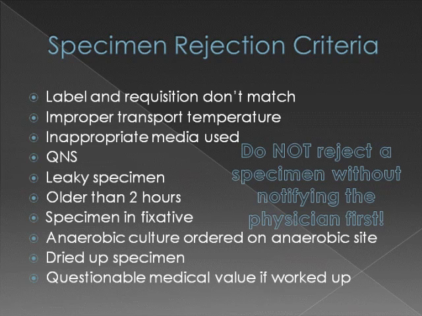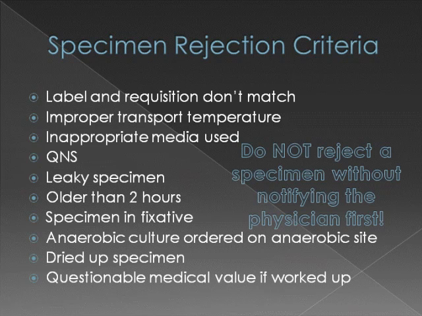All right, just a quick review of specimen rejection criteria. If the label and the requisition don't match, you need to figure out where the discrepancy is and either solve it or reject the specimen. If the specimen has been improperly transported, then that needs to be rejected. Let's say a CSF was put in the freezer, you would want to reject that because it needs to be kept at room temperature.